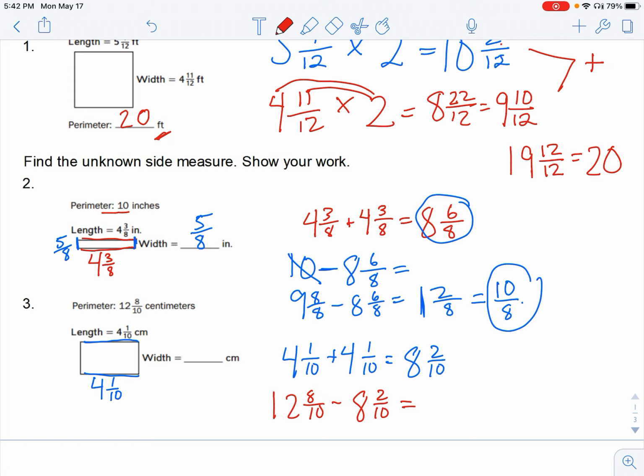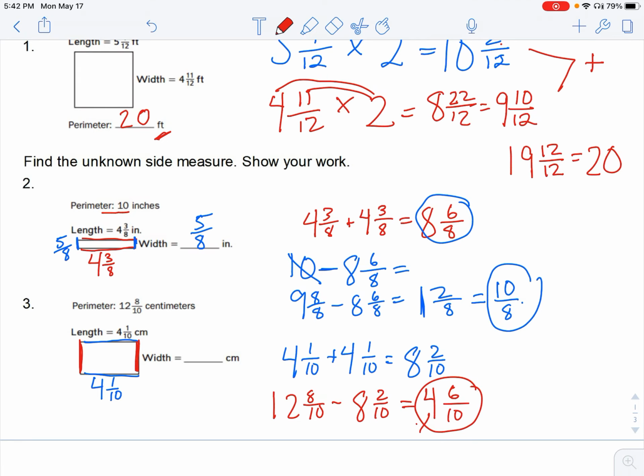And what's left over is, fractions first, 8 tenths minus 2 tenths is 6 tenths. 12 minus 8 is 4. So 4 and 6 tenths are left over. So these two sides have to add up to 4 and 6 tenths. What could those sides be?